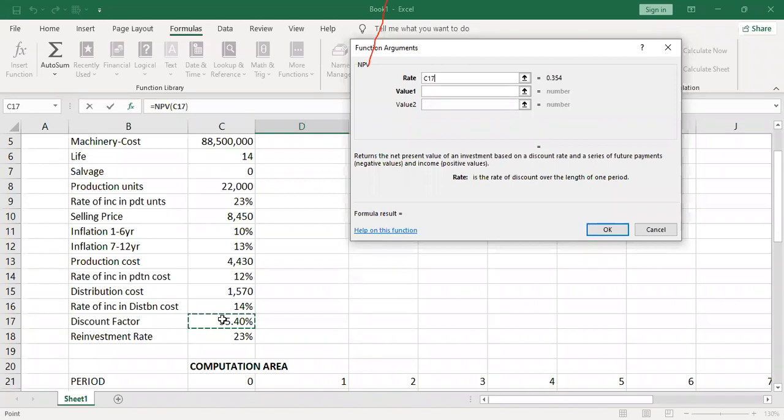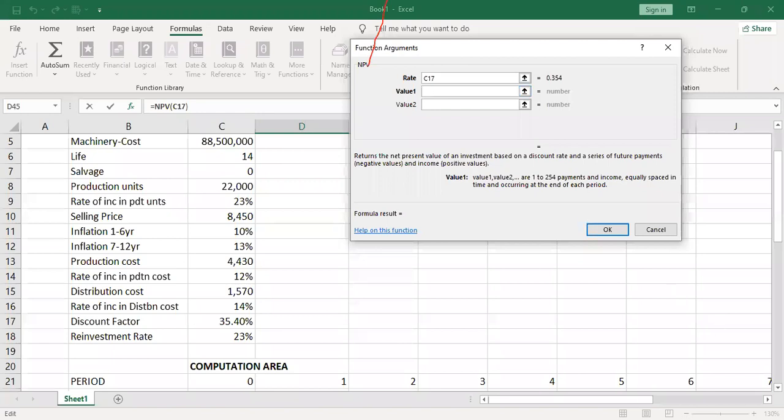Now, after that, you click on value one.